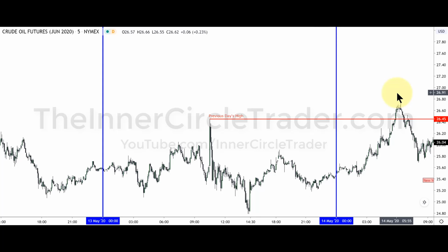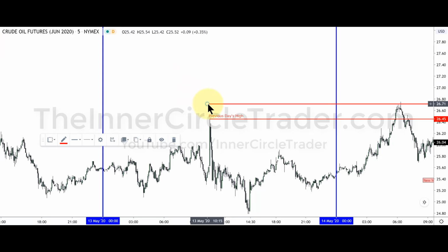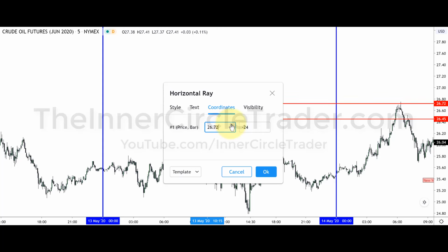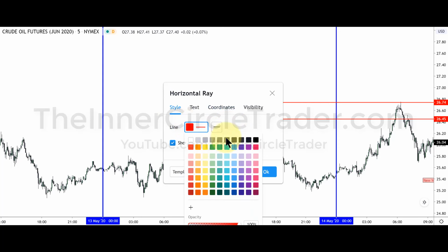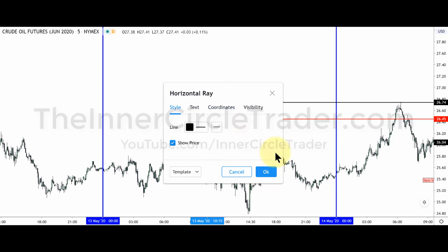So we're likely to see, if we get a retracement down into the New York session, which you can see the beginning of on my chart here, I do want to put on the 26.74 level, and we'll make that a black level just to delineate what I'm referring to.